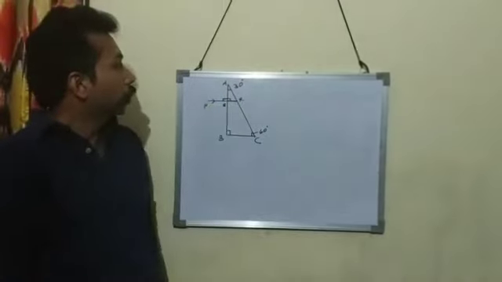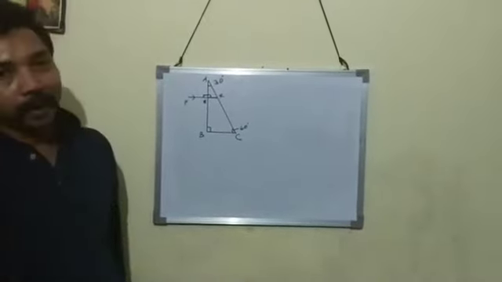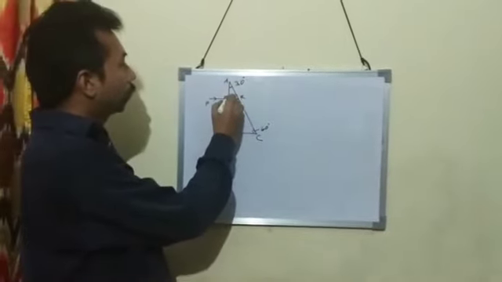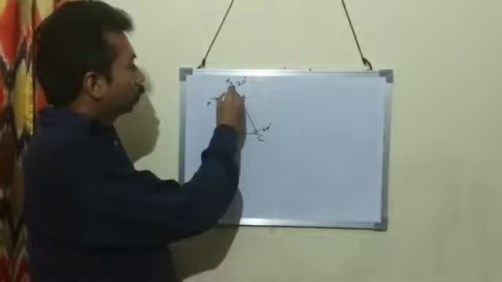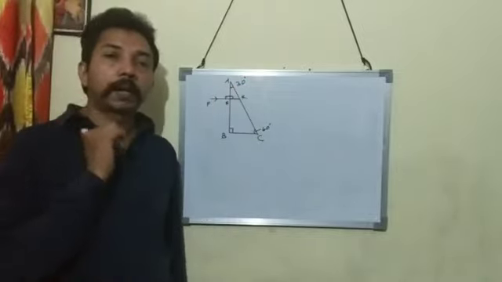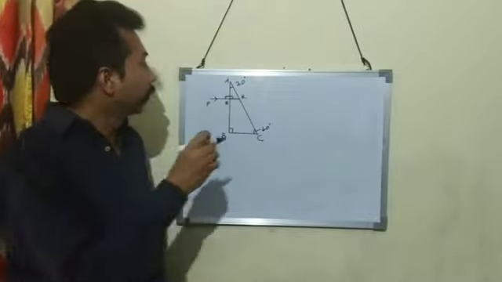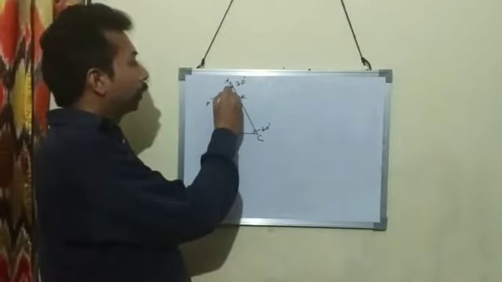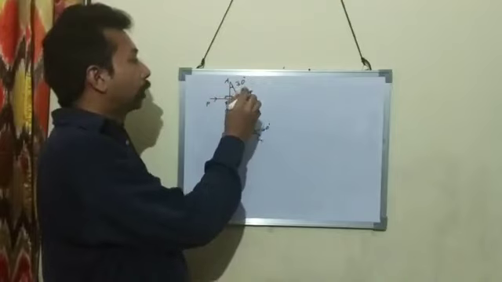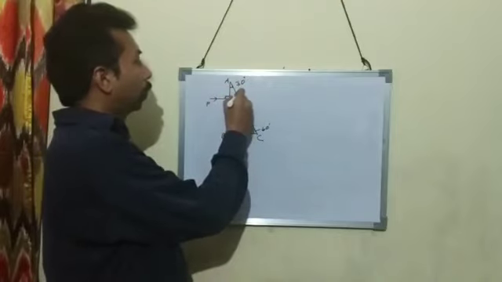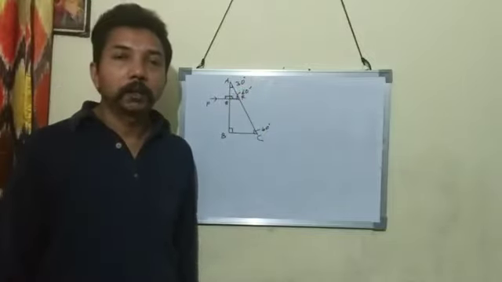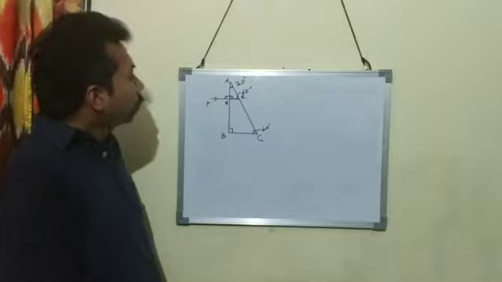From triangle AQR, you can calculate angle ARQ. The sum of angles of a triangle is equal to 180 degree, so angle ARQ will be 180 minus 90 plus 30, that is 180 minus 120, which comes as 60 degree. So angle ARQ is equal to 60 degree.